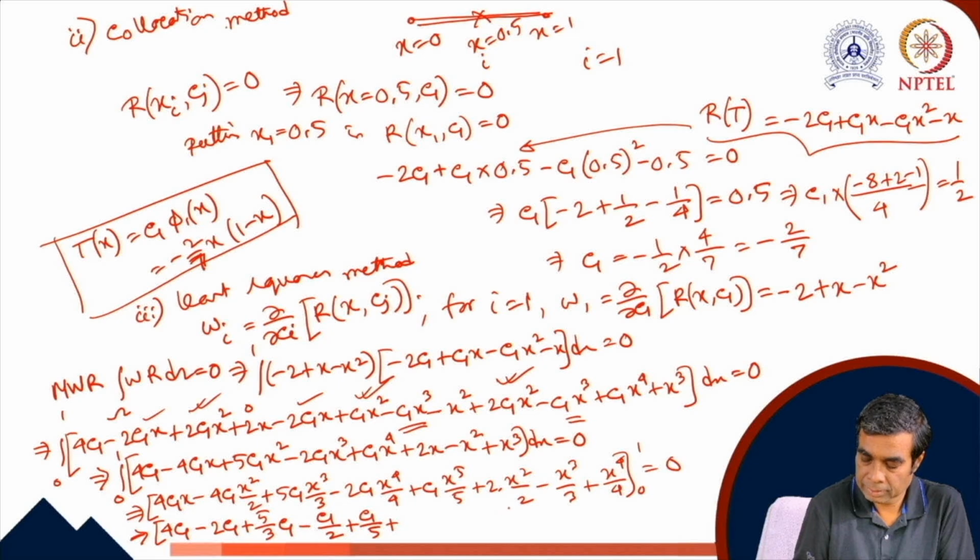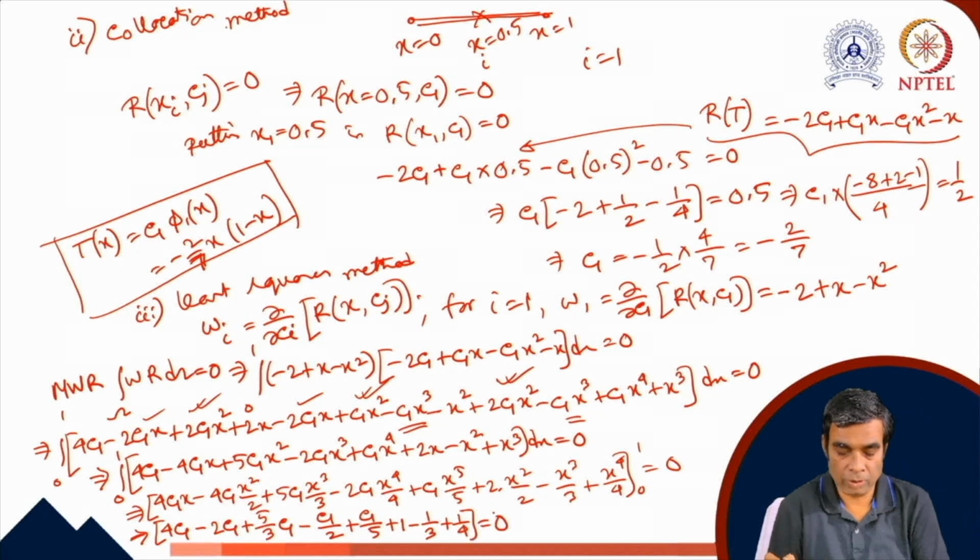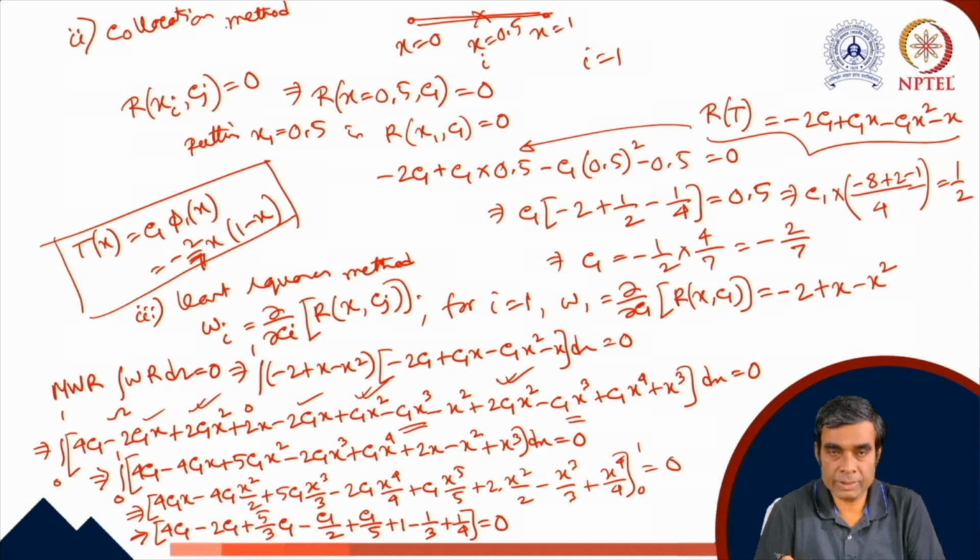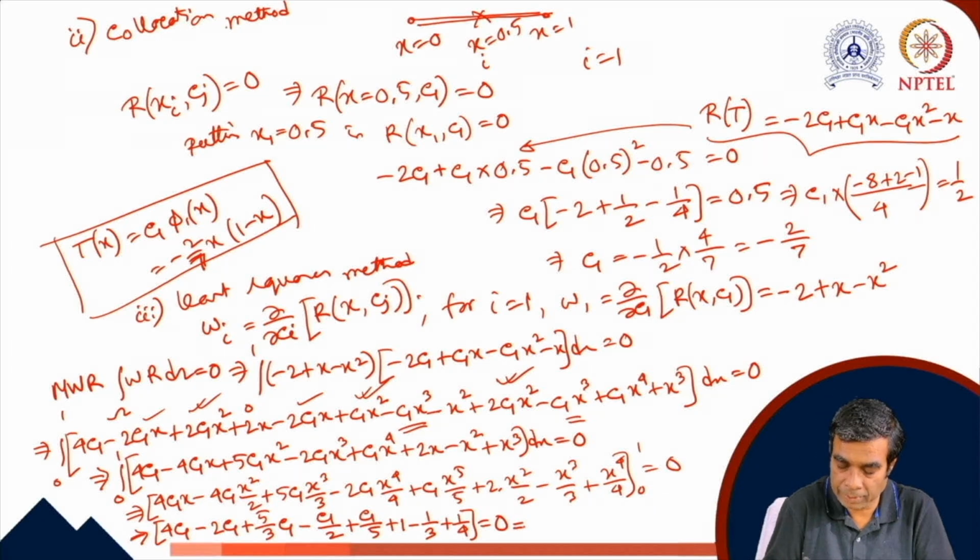plus, here it is 1 minus 1/3 plus 1/4 equals to 0. Then we just shift the terms in the left hand and right hand sides. If we do that, from here we get C1.